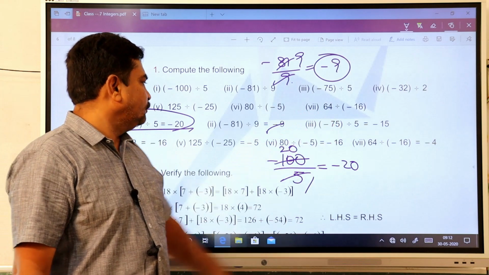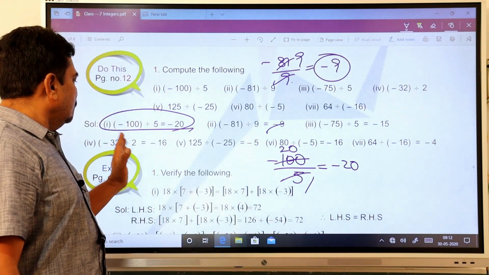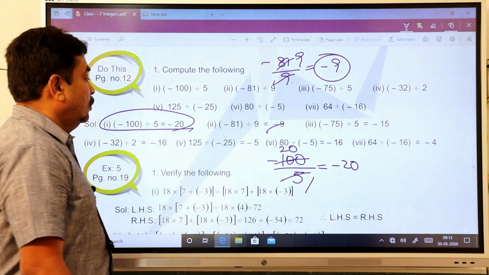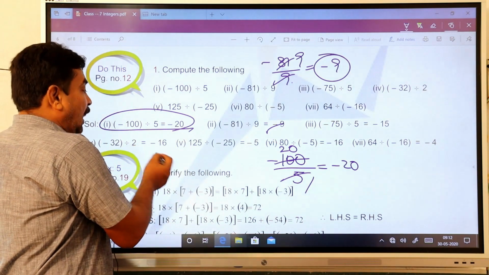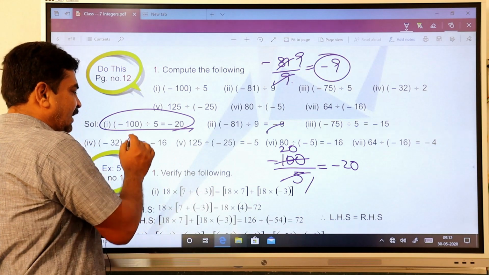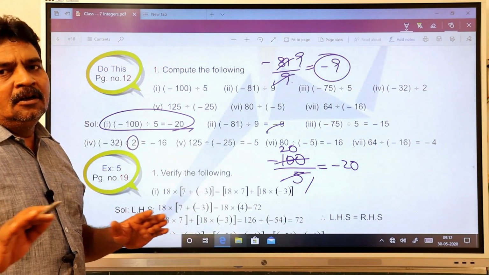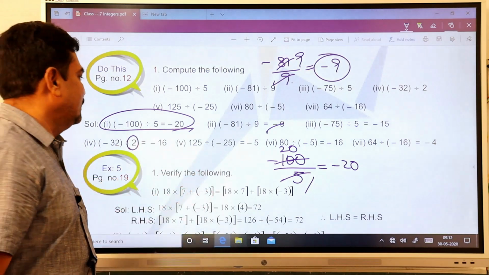Similarly this. Now see here, minus 32 divided by 2. No problem. The minus may be either on the dividend or on the divisor; you consider it minus itself.